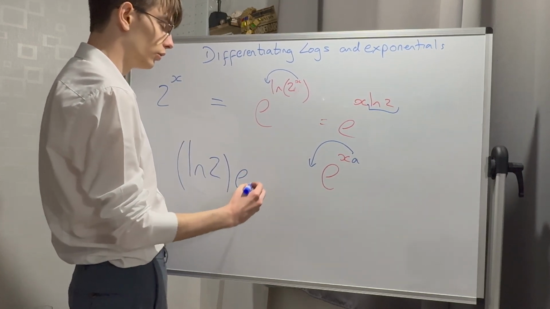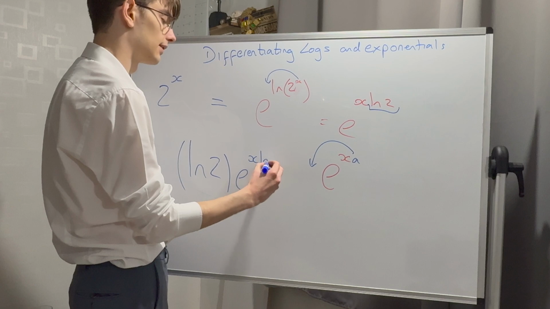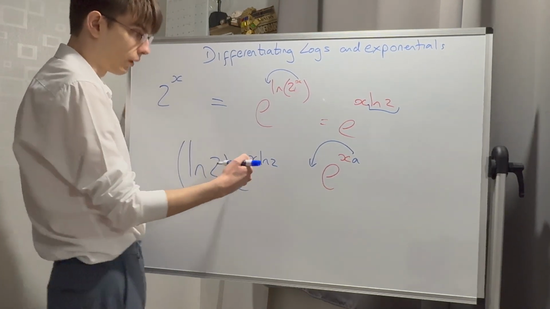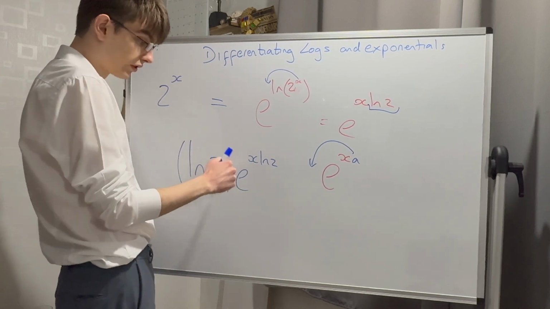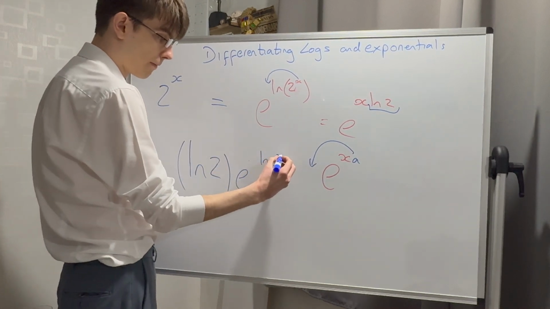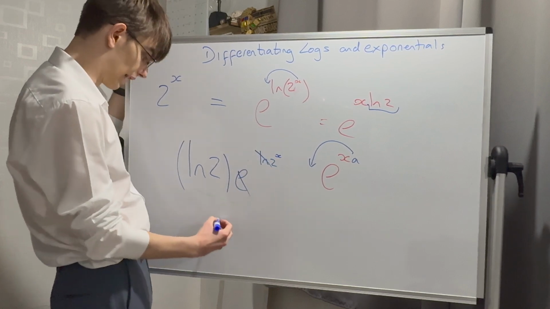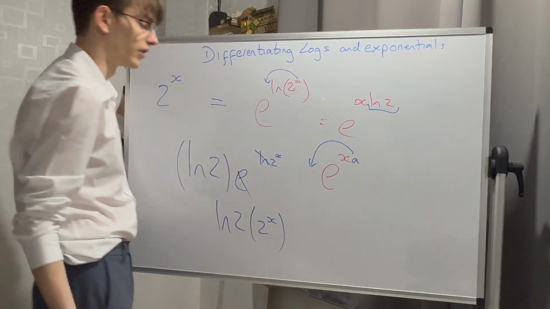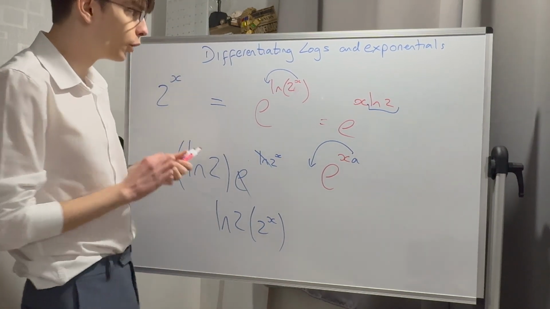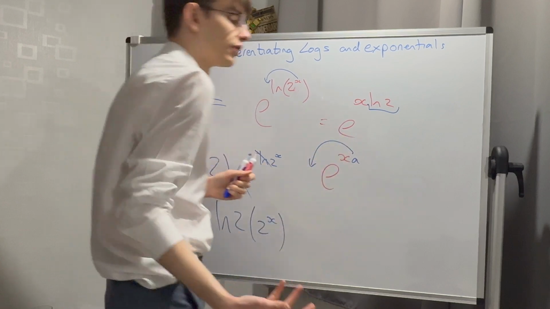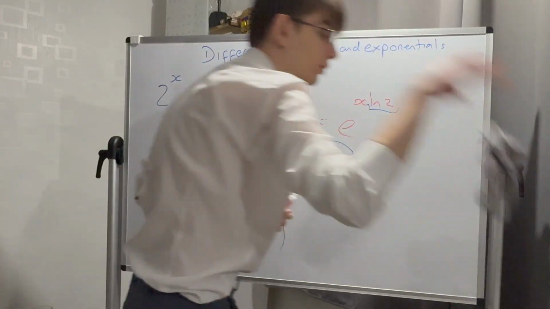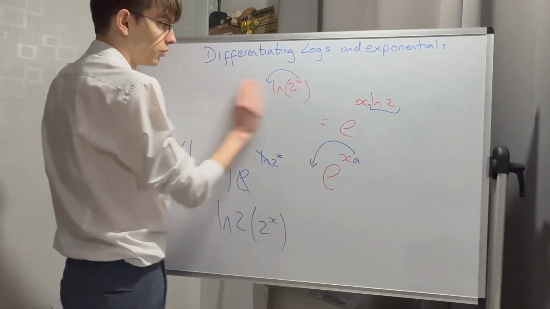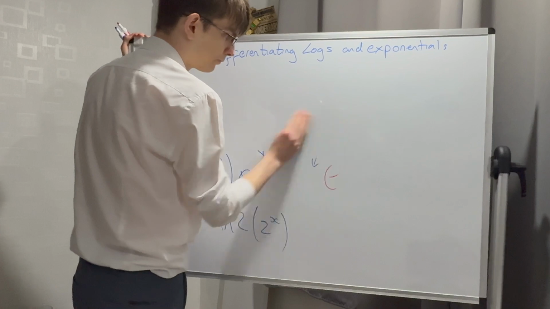So it's ln 2 e to the x ln 2. E to the x ln 2, well, I can work my way backwards. That x can go back up here, my e and my ln can cancel, and I simply get ln 2 times 2 to the x. So just using the fact that e to the x is so easy to differentiate, and using some basic log laws, I can rearrange things as I wish and get some nice differentials.